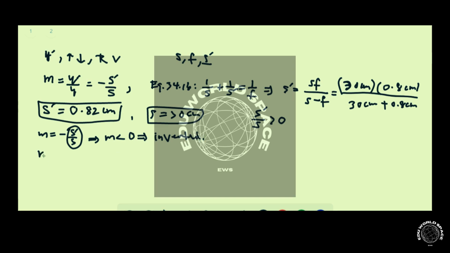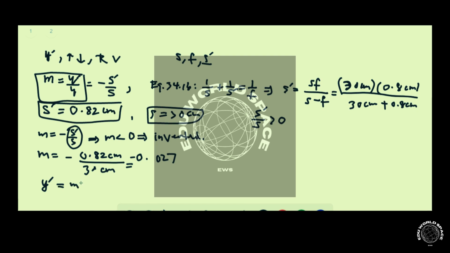So let's find m. m is equal to minus 0.82 centimeters divided by 30 centimeters. And that gives me negative 0.027. And now we can use this equation to find y prime. So y prime is equal to m times y.